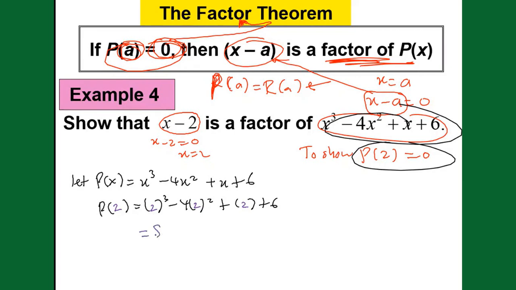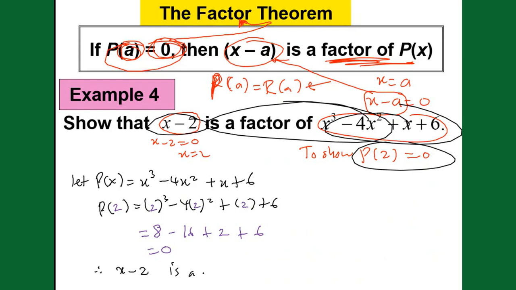But to be polite, do it like this: 16 plus 2 plus 6 is equal to 0. Then you need to do the conclusion. Okay, it implies that, since, or therefore, X minus 2 is a factor of this, or Px. Already defined, this is Px. Just follow its sentence.